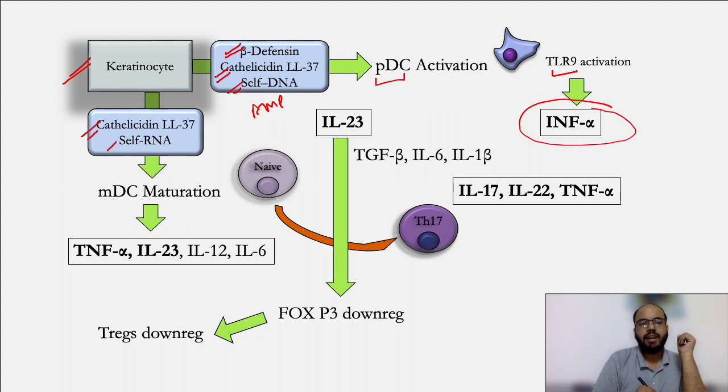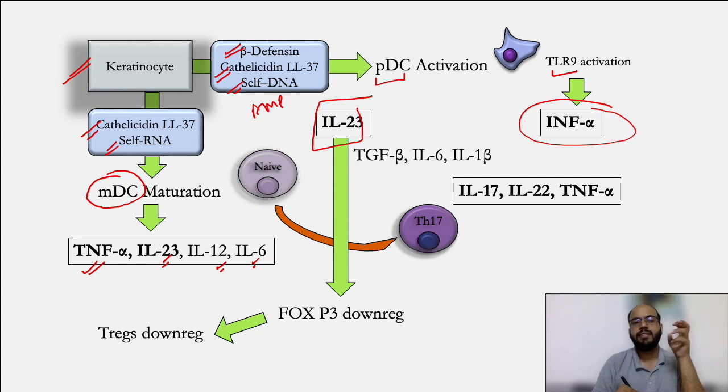Cathelicidin and self-RNA will activate the myeloid variety of dendritic cell, which will secrete TNF alpha, interleukin 23, 12, and 6. Interleukin 23 is going to promote the maturation of naive T cells to Th17 cells. That is, in the presence of interleukin 23, the naive T cells get converted to the Th17 cell line.